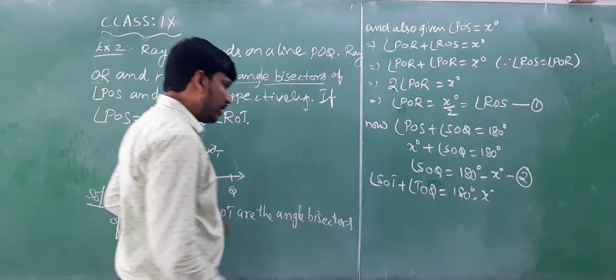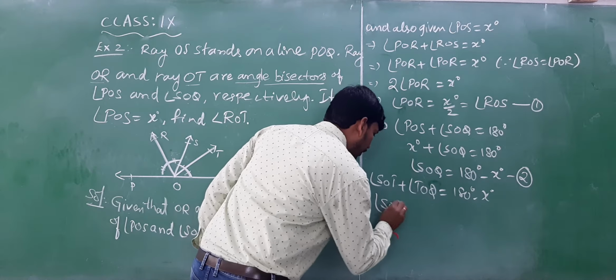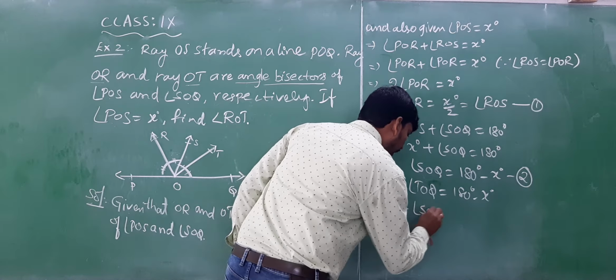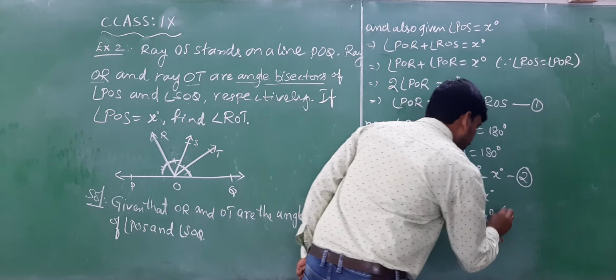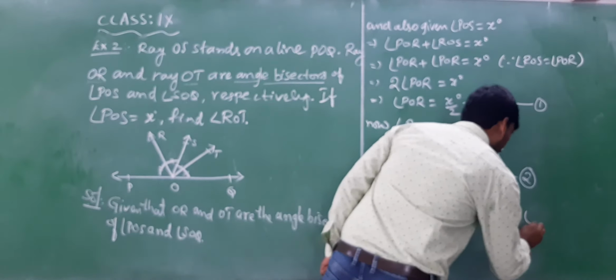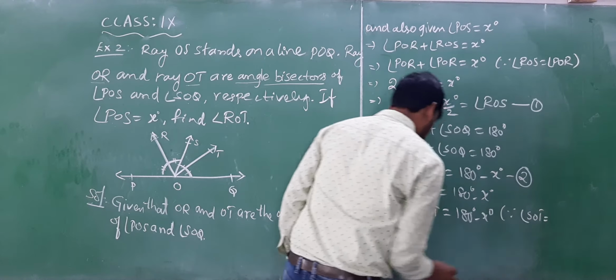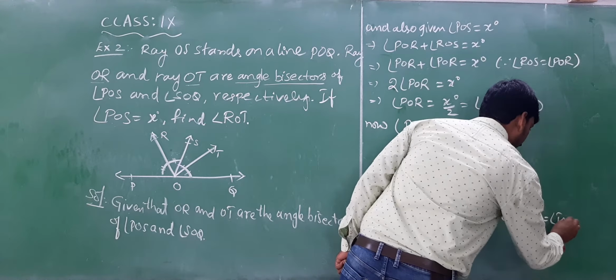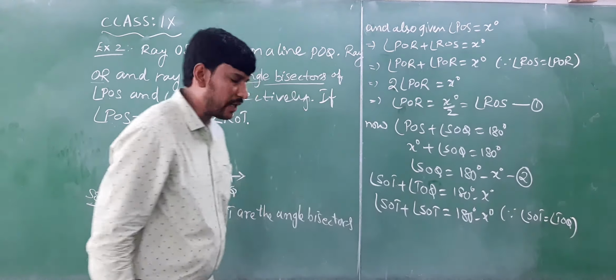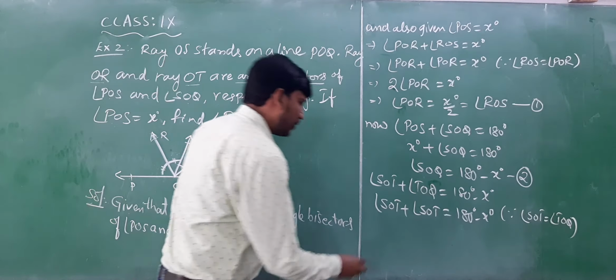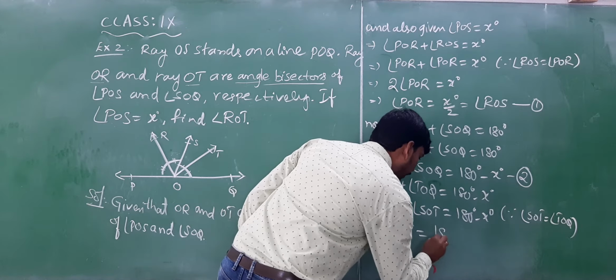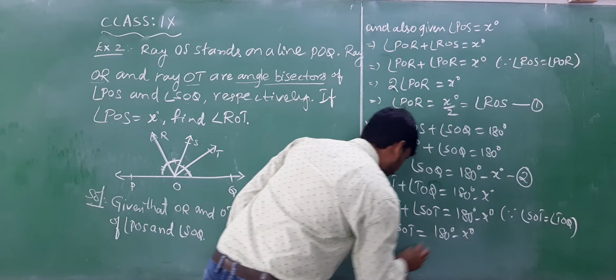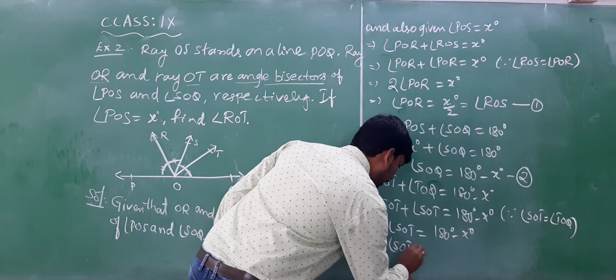SOT is equal to TOQ, both are equal. So angle SOT plus angle SOT is equal to 180 minus x degrees, since angle SOT is equal to angle TOQ, both are equal because it is a bisector. Now 2 times angle SOT is equal to 180 degrees minus x degrees.